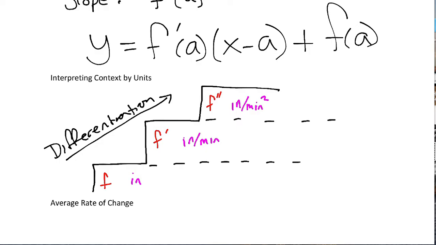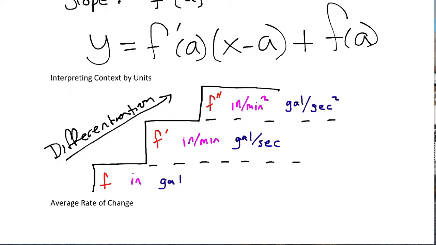We could do it in terms of water flow, and it might be that this is gallons, and then this is gallons per second, and this would be gallons per second squared, because each time we go up by another unit of measure.